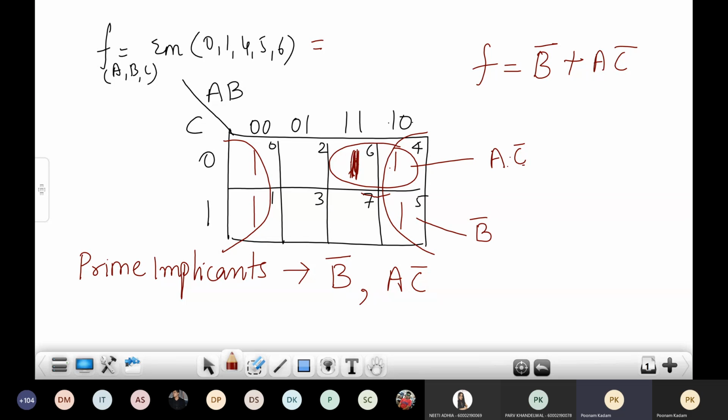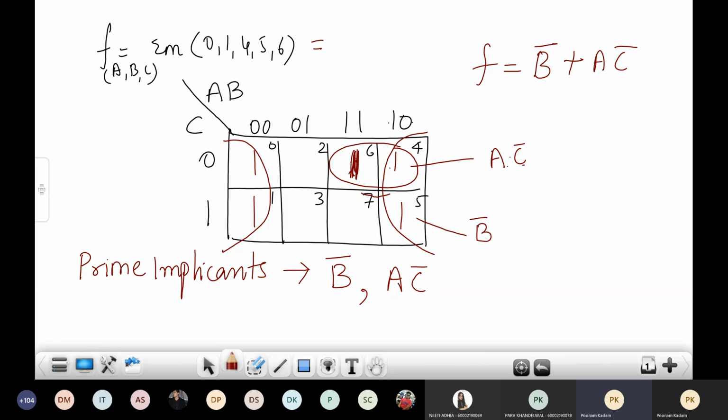If you don't minimize, how many product terms will be there in the expression? If you don't apply this K map, how many? There will be 5 product terms, right? Because there are 5 min terms in the min term list. So there will be 5 product terms, each product term consisting of 3 variables. Okay, just imagine how much reduction in the components we have done. 5 product terms, each having 3 variables.